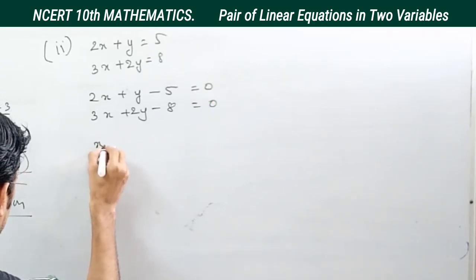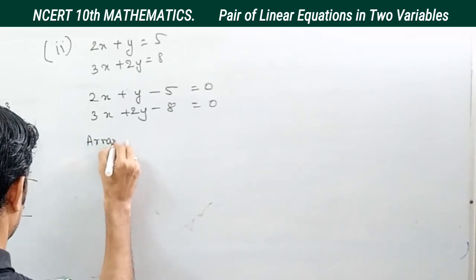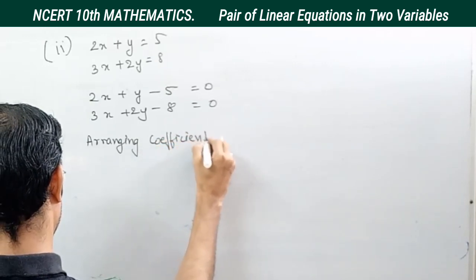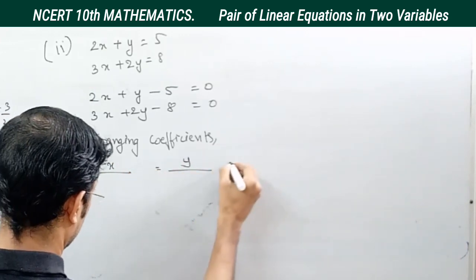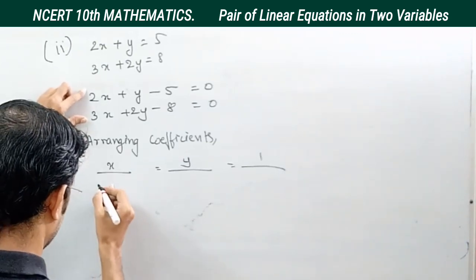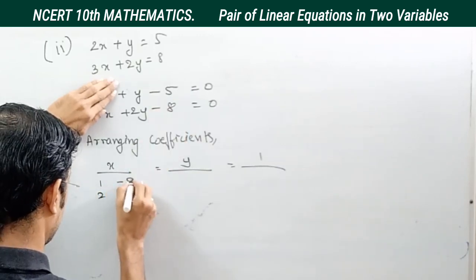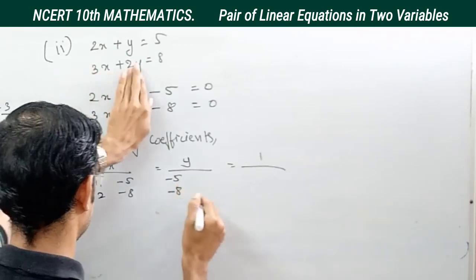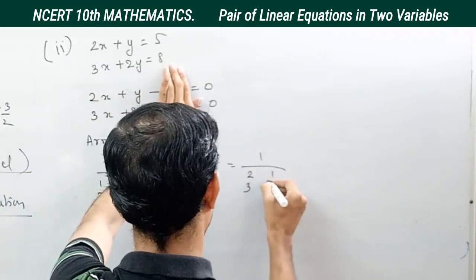For the cross multiplication method we need to arrange the coefficients. We get x by, y by, equal to 1 by. So this is 2, 3, then 1, 2, then minus 5, minus 8, then minus 5, minus 8 again, and then 2, 3, and 1, 2.